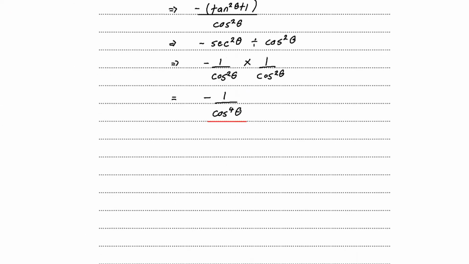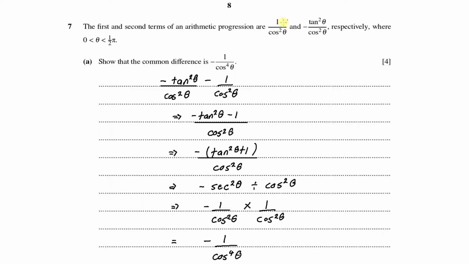On part B, find the exact value of the 13th term when theta is equal to a 6th pi. So here we know that the nth term of an AP is found by a plus n minus 1 d. So here we'll be saying the 13th term is going to be a, which is the first term, and the first term is 1 over cos squared theta.